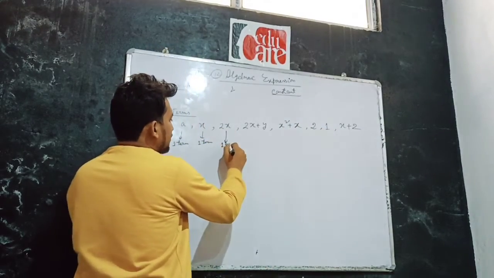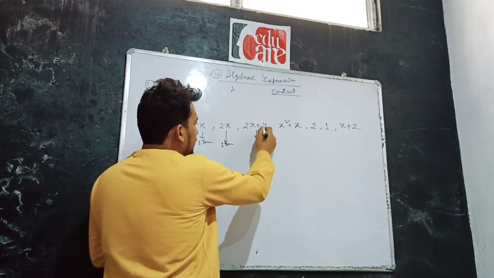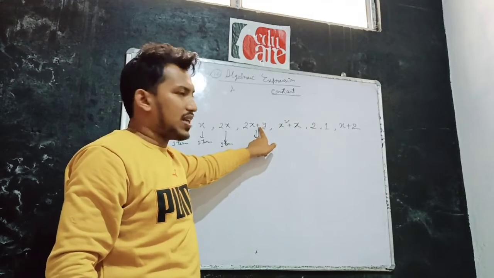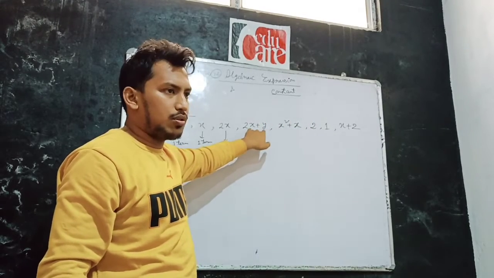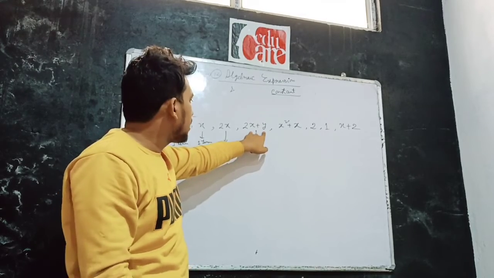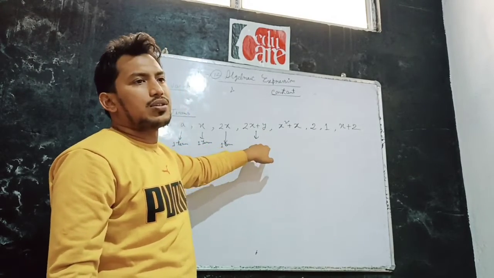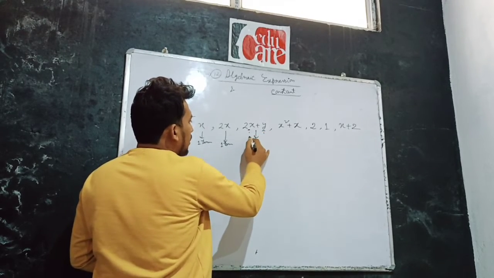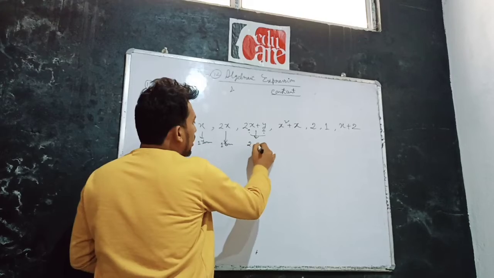But here, by using plus and minus, if there is a plus between two numbers, then it may be called two terms. This is one term, this is one. That means two terms.